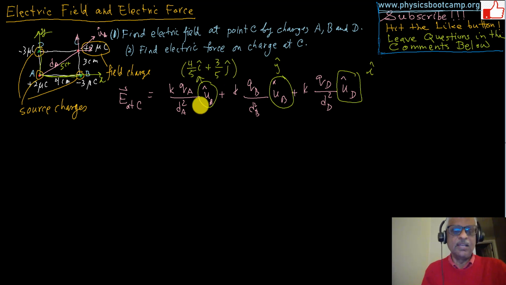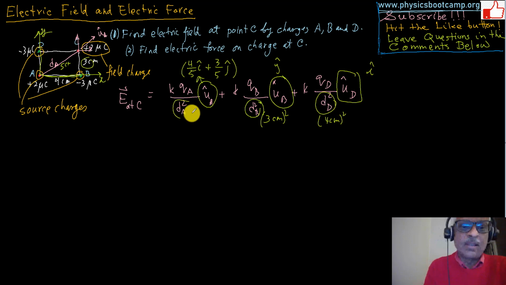So that's going to be that. And this is 5, and dB from here is 3, so this is 3 centimeters squared, this is 4 centimeters squared, and this is 5 centimeters squared, right?